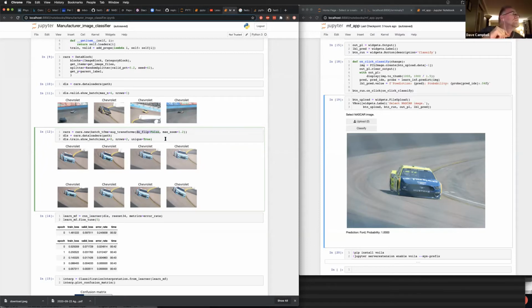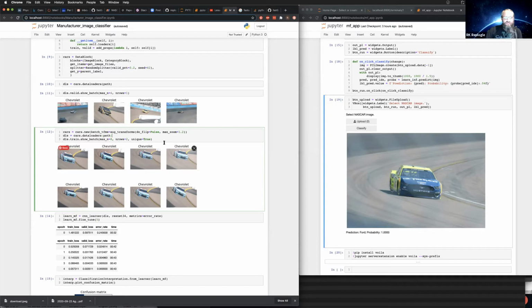Yeah, pretty good. So the do flip is a standard transformation augmentation that is part of the default. So I have to set this to false. In NASCAR, most tracks, we only go one way around the track. And so when you flip the image, it actually looks like you're going backwards around the track, which I didn't feel was applicable.